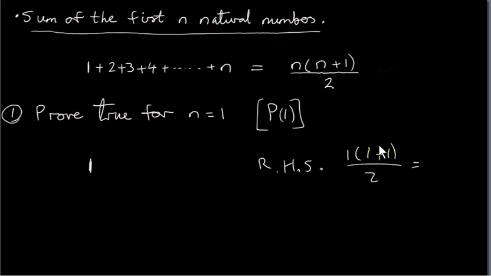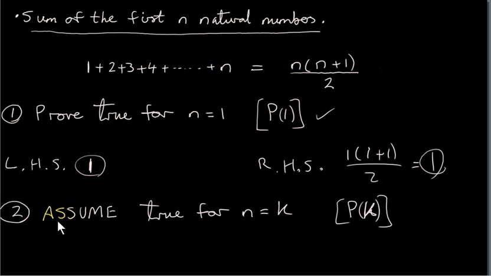So we get 1 times 2 on top, which is 2. 2 divided by 2 is 1. So the right hand side is 1 and the left hand side is also 1. The left hand side is just the sum of the first 1 natural numbers. Well, that's just the first natural number. So we get the same thing on both sides. So our statement is indeed true for n equals 1.